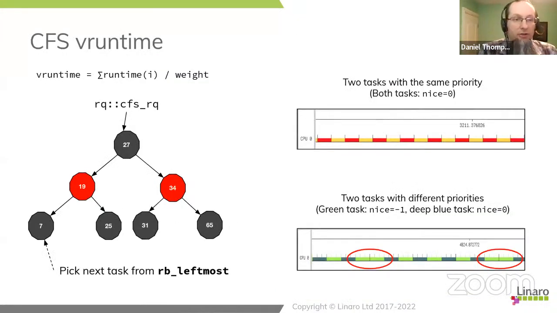Other than that, the run queue is actually a run tree. The run queue in a CFS system is a red-black tree. A red-black tree is a type of self-balancing binary search tree. As a self-balancing tree, essentially all of the actions that you can perform in it have a complexity of log n.